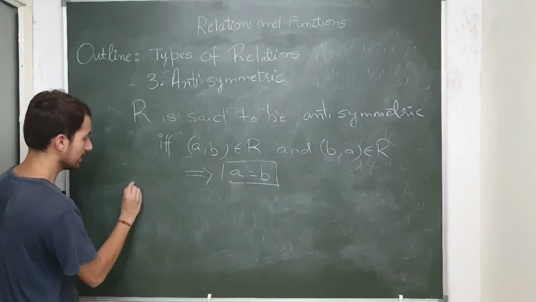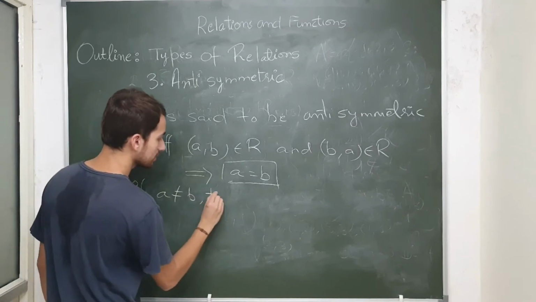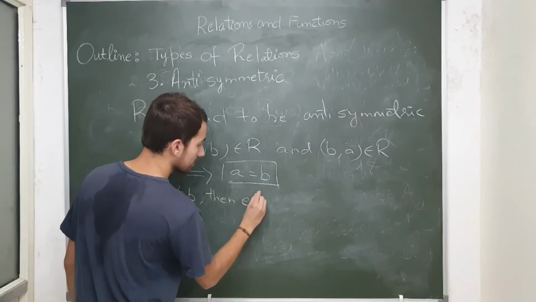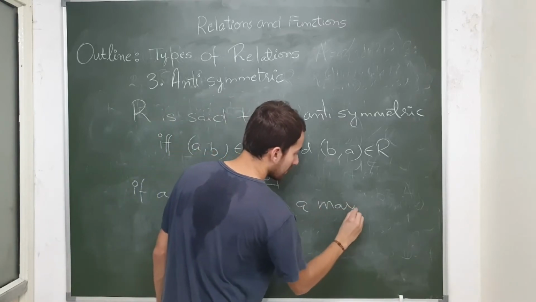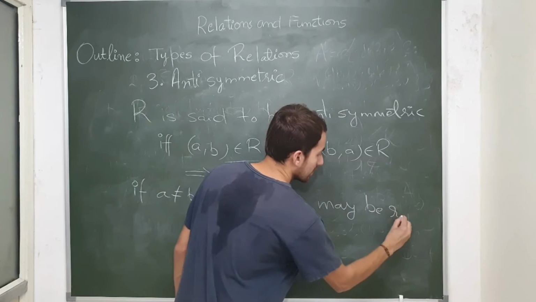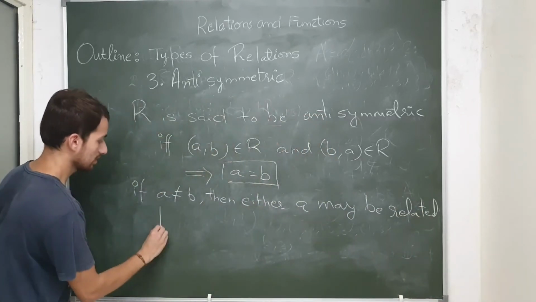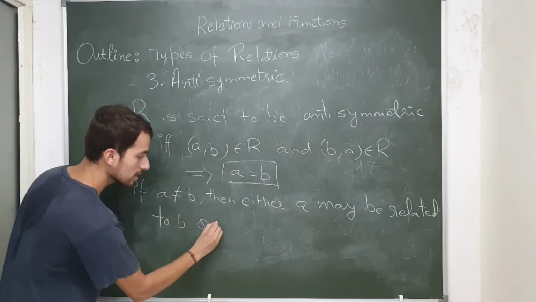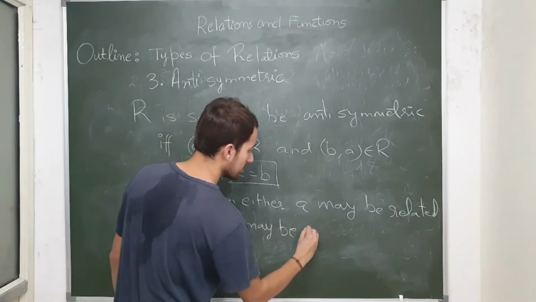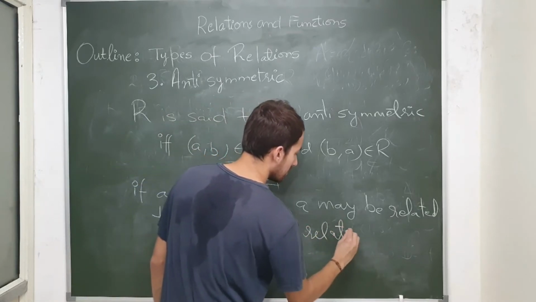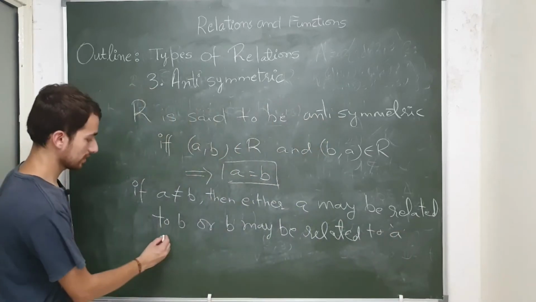The second way: if A is not equal to B, then either A may be related to B or B related to A, but not both.